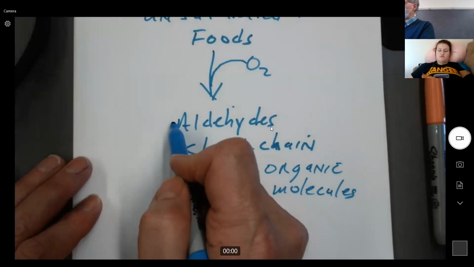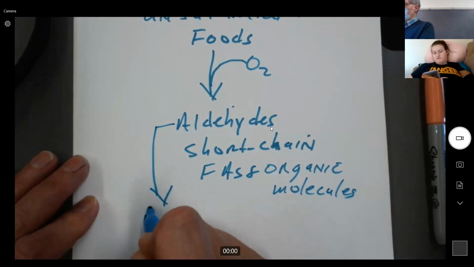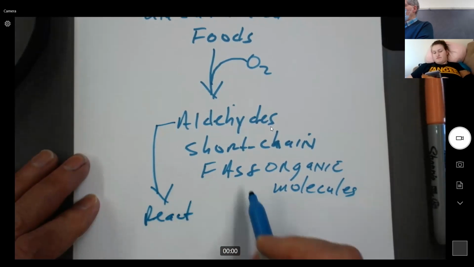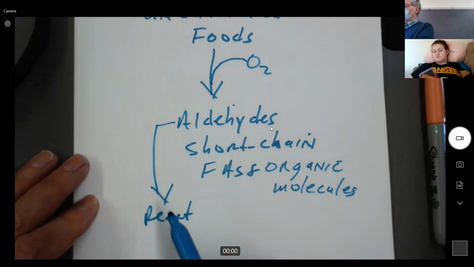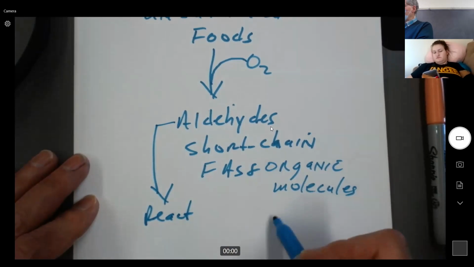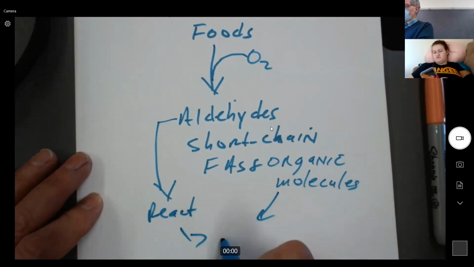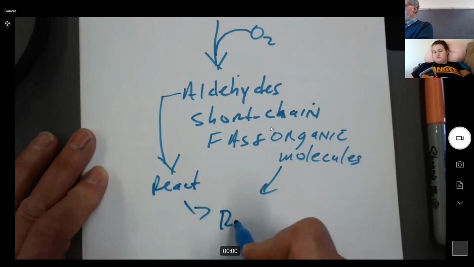These aldehydes are reactive, of course. They can react with other things in the food. And these aldehydes, plus their derivatives and these organic molecules, they make the food taste and smell rancid.